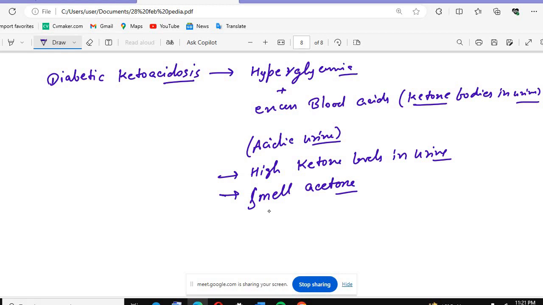Okay, along with that, you can remember there's a difference between diabetic and non-diabetic ketoacidosis. In diabetic ketoacidosis, the onset will be sudden, and the glucose level will be more than 300. But in non-diabetic ketoacidosis, the glucose will be more than 800.